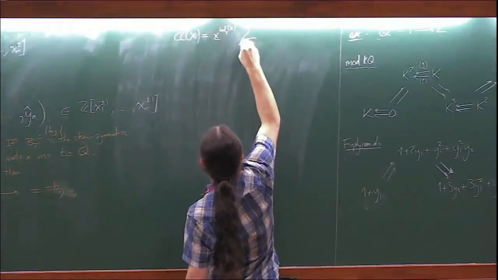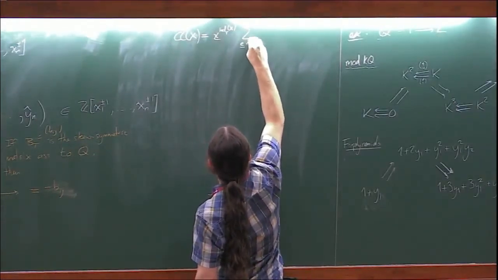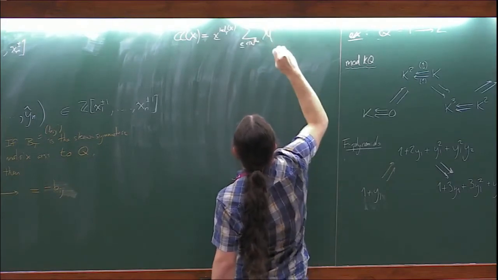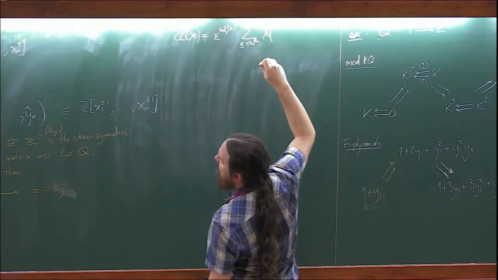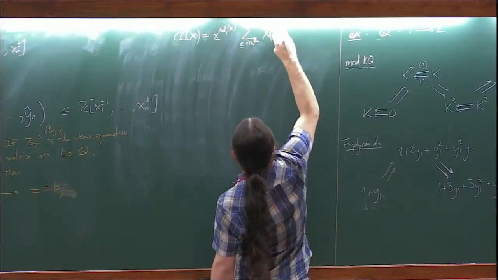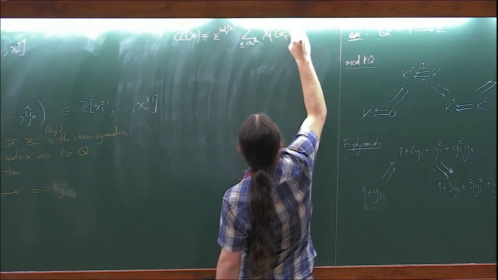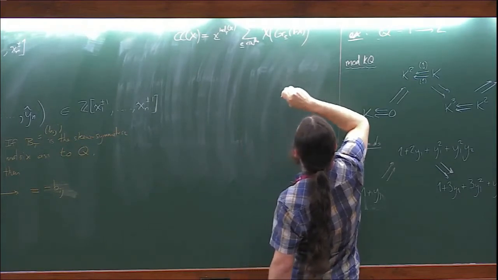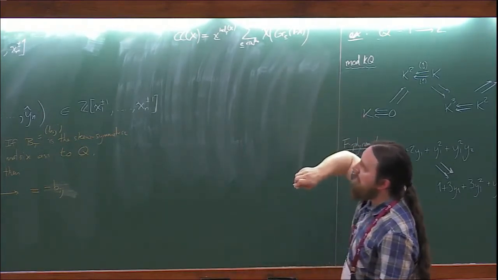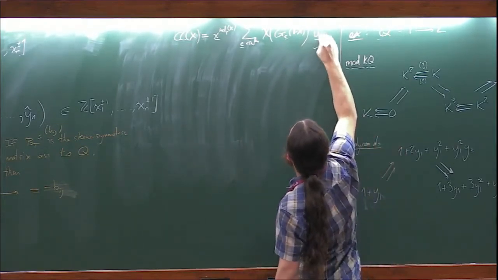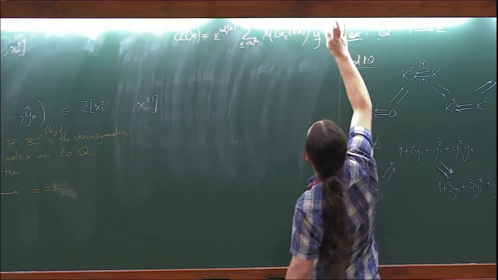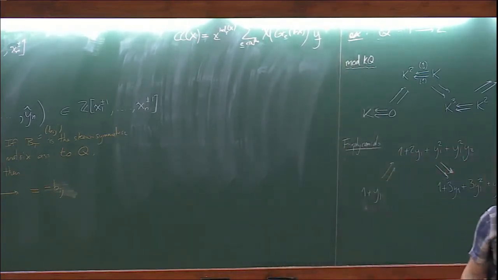And the F-polynomial is the sum over all dimension vectors of the Euler characteristic of the Grassmannian of submodules of f of x, times y hat to the power e. So this is the expansion.